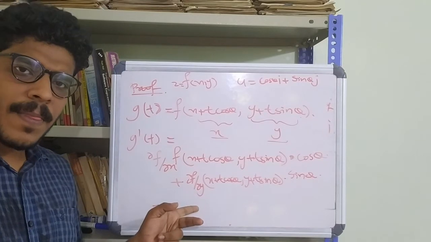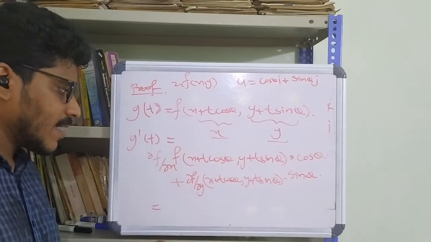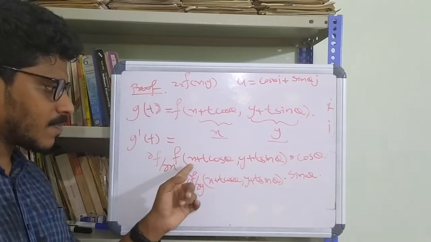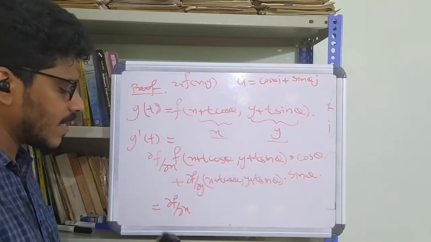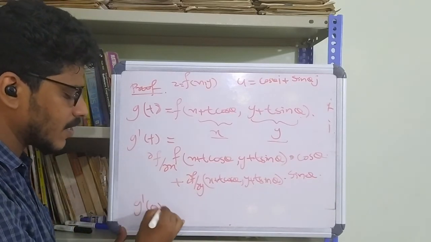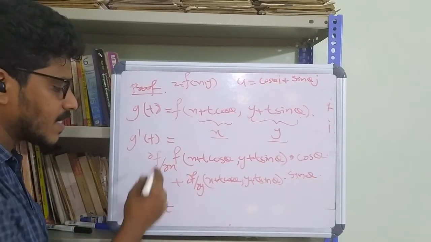Observe this. Can I rewrite this as dou f by dou x? I don't write x plus t cos theta here. Oh, before that, we were actually trying to find the g dash of 0, right? So what is g dash of 0?